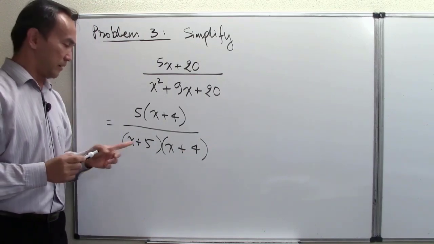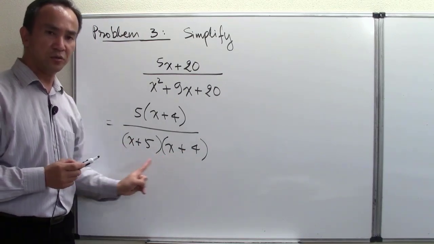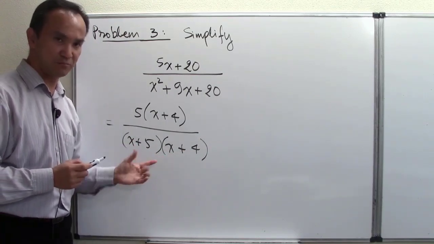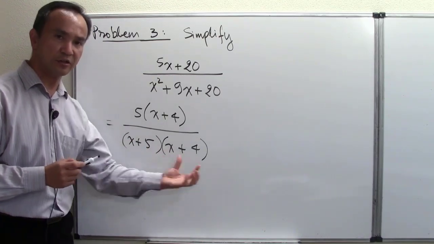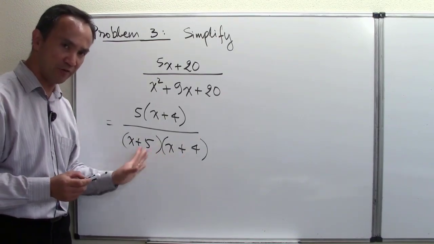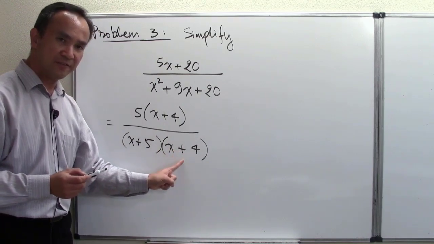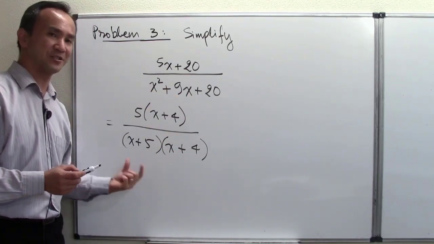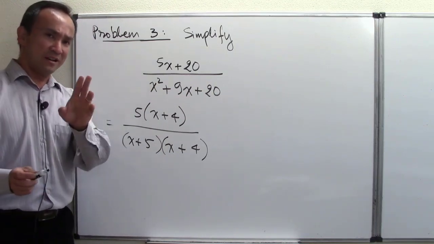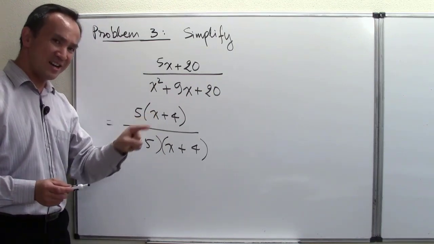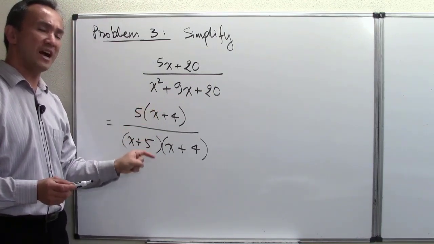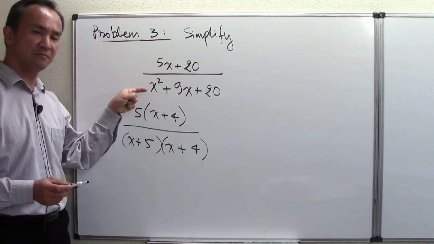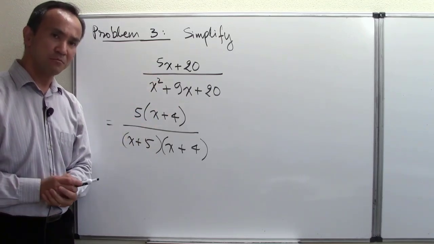And of course, I don't want to go into reviewing how we can do this because that belongs to the earlier lessons. So here I'm just assuming that you have already mastered that skill, how you can factor this polynomial into these two prime factors. But now at this point, what we have done is that we have put our numerator and denominator into products of prime factors.